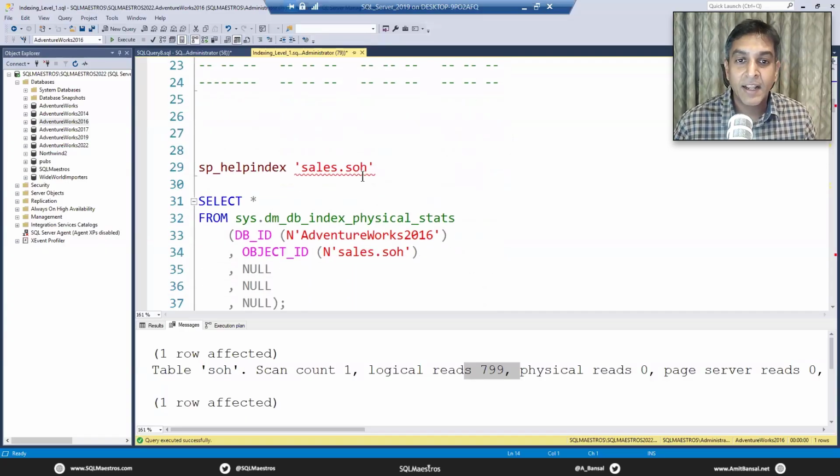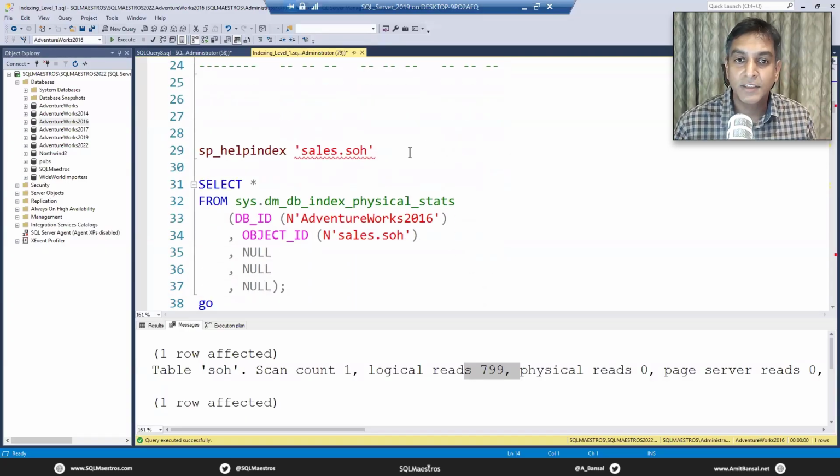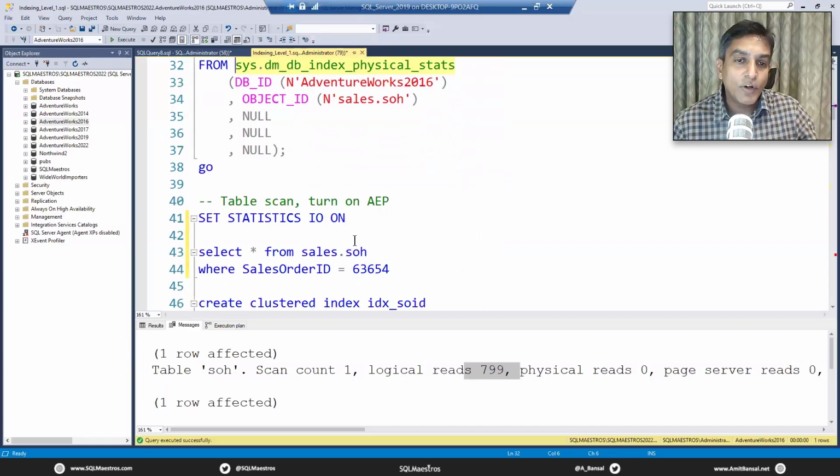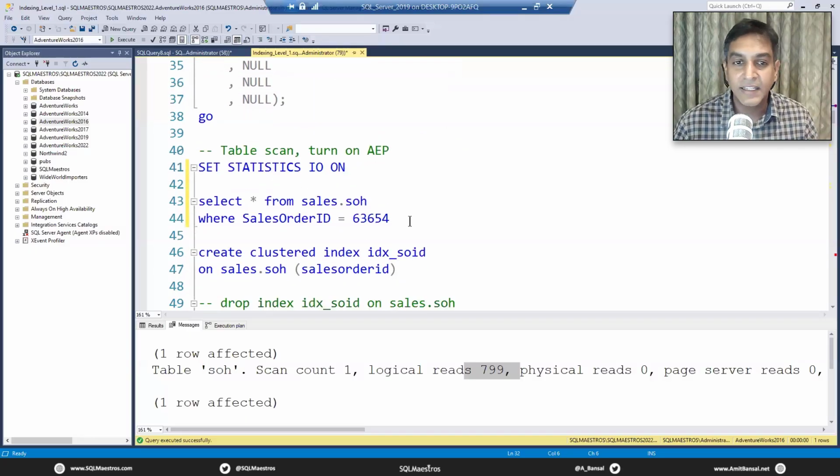Then I used certain system stored procedures and dynamic management views to show you the internals of indexes, the structure and the architecture. We used sp_helpindex and sys.dm_db_index_physical_stats. You're going to use these so often, very important for DBAs. Then we looked at the scan: when it is a heap, you have a table scan.